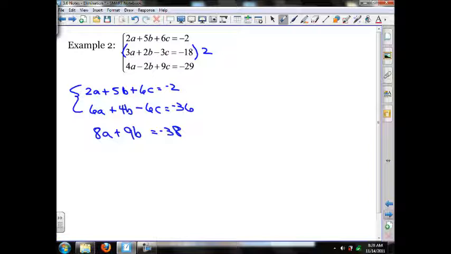Combine the bottom 2 equations and eliminate this same variable. When I do that, I don't need to multiply through by that 2 anymore. I can go back to the very original equation. So I would want to do what? Multiply by 3. I've got 9c. I need -9c.